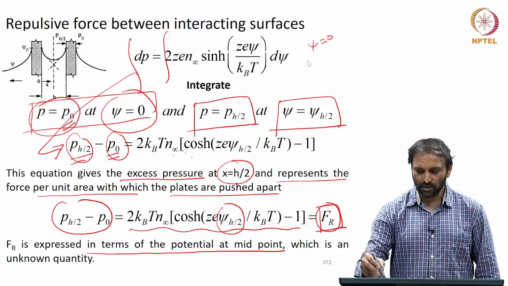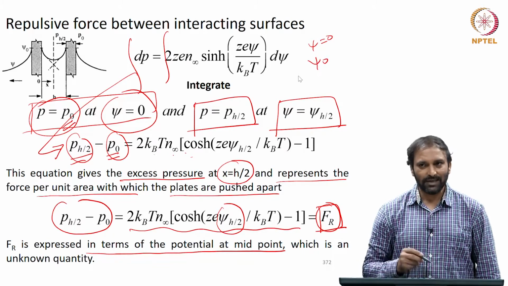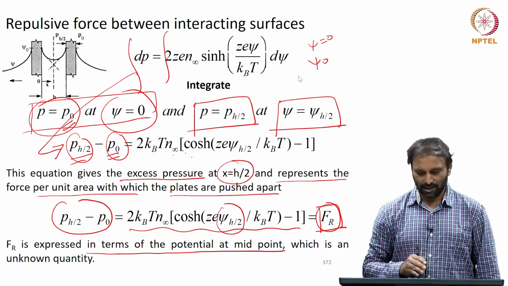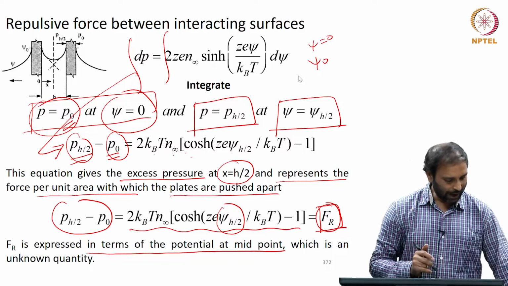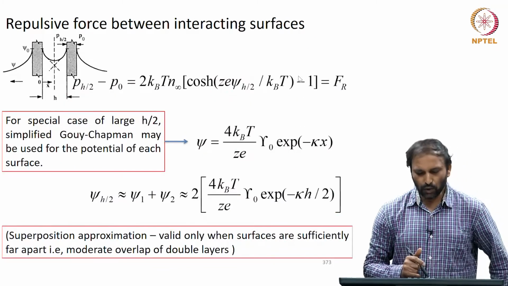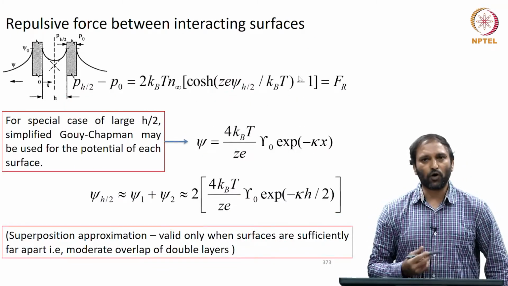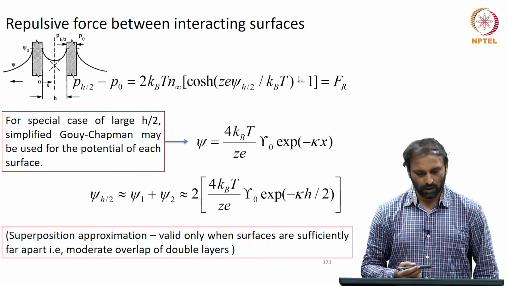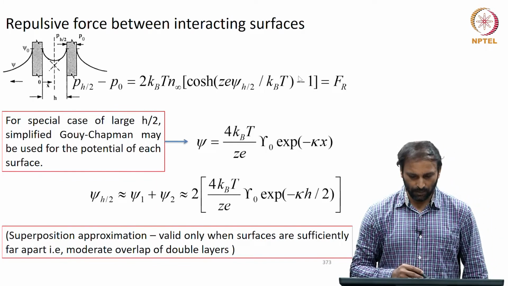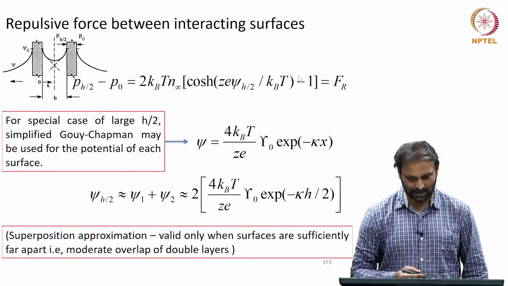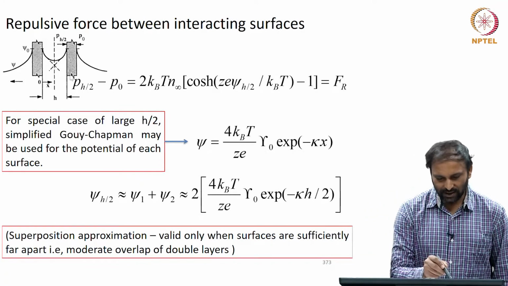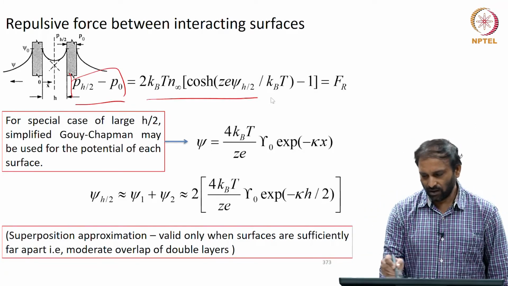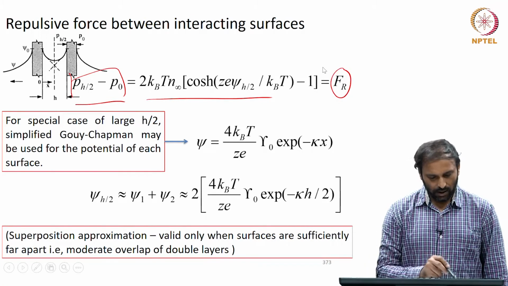What we know is psi naught. However, psi at h by 2 is not known, and you can do some approximations to evaluate what is psi at h by 2. So, that is the excess pressure Fr.